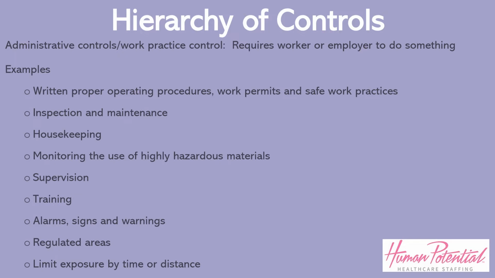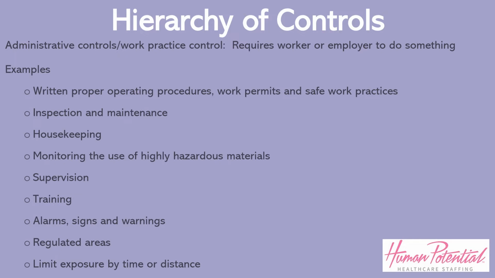Administrative controls include work practices, which require the worker or the employer to do something, such as proper procedures, workplace rules and other operation-specific rules; inspection and maintenance, which is regularly inspecting tools and equipment, keeping them well maintained, and removing from service any damaged or broken items; proper housekeeping; proper supervision; and regulated areas, designating areas for lunch and break times so there's no eating, drinking, smoking, chewing tobacco or gum, or applying cosmetics in the workplace.